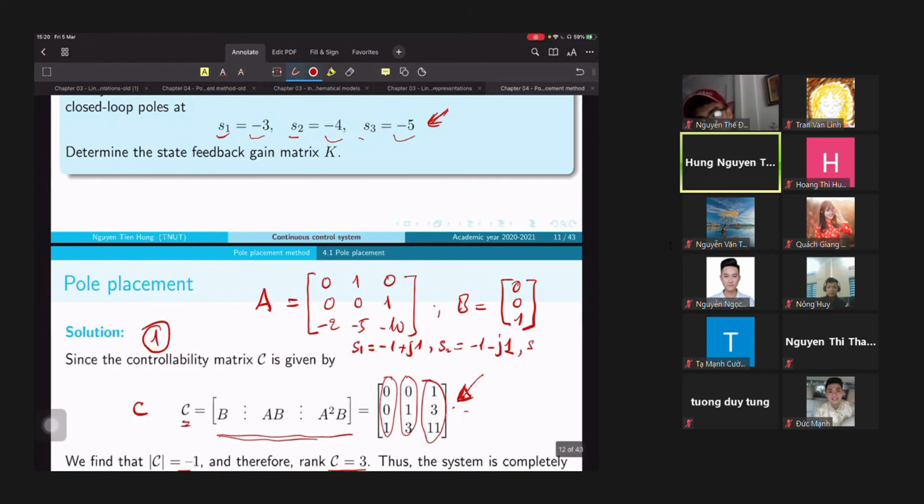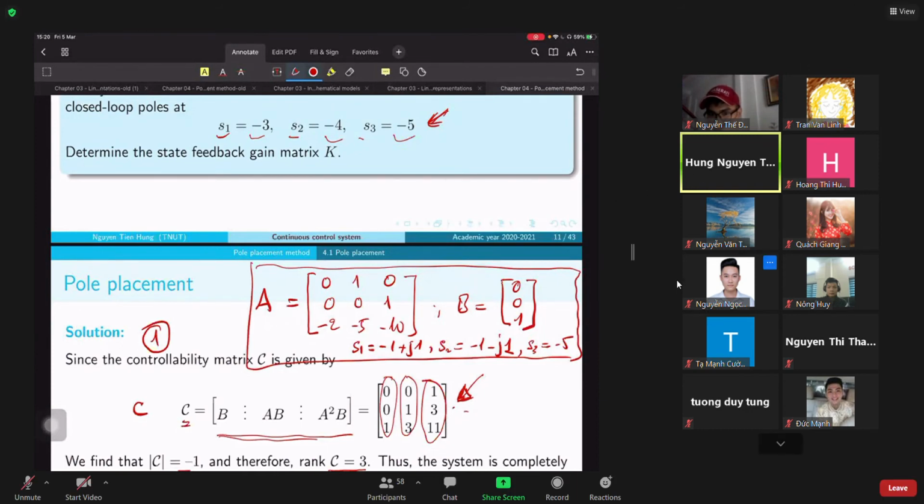And finally S3 equals -5. Now practice on this, please. If you have any questions, you can ask me directly. And if you are finished, please share with us.